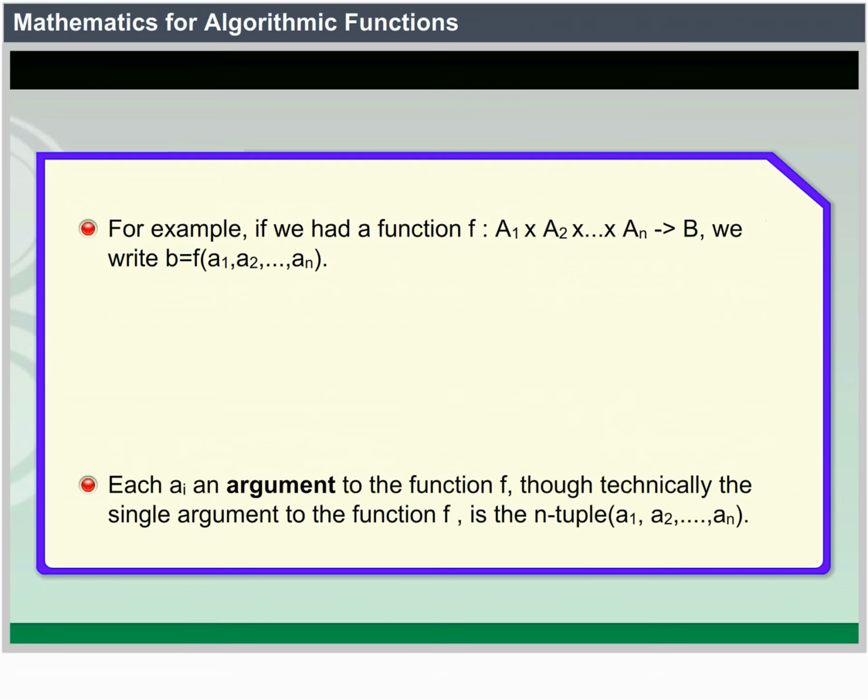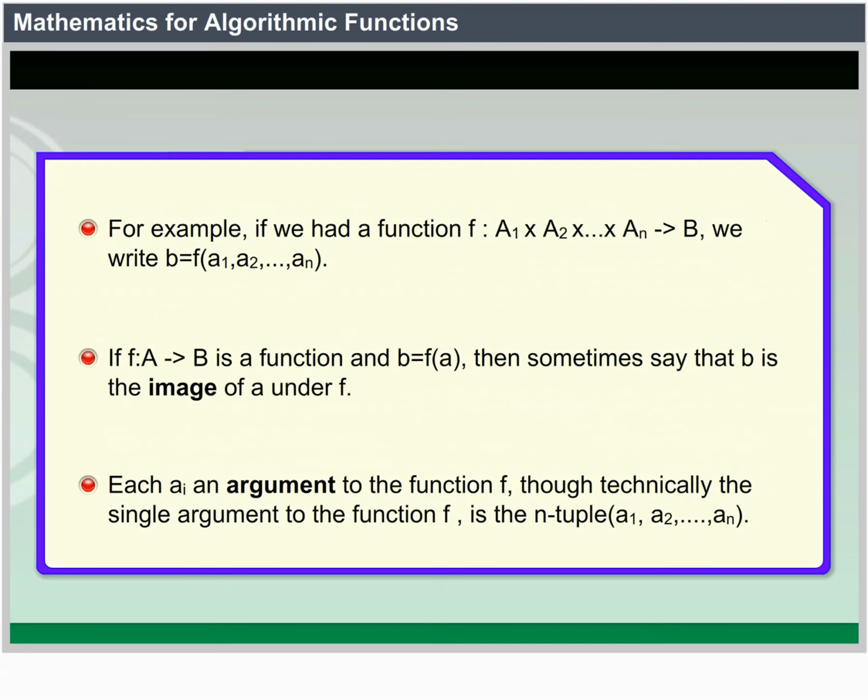Each ai is an argument to the function f, though technically the single argument to the function f is the n-tuple (a1, a2, …, an). If f: A → B is a function and b = f(a), then we sometimes say that b is the image of a under f.